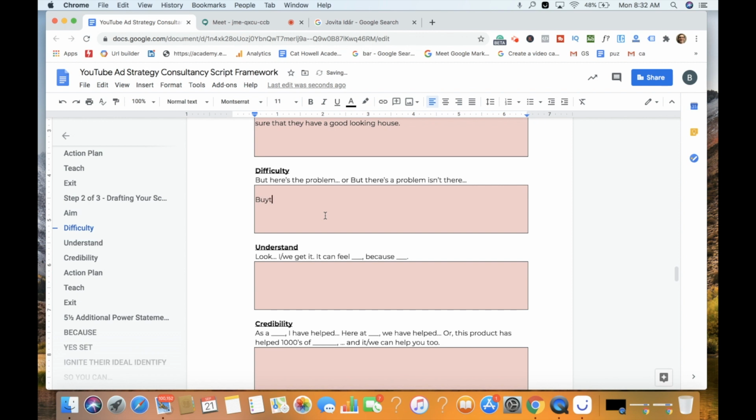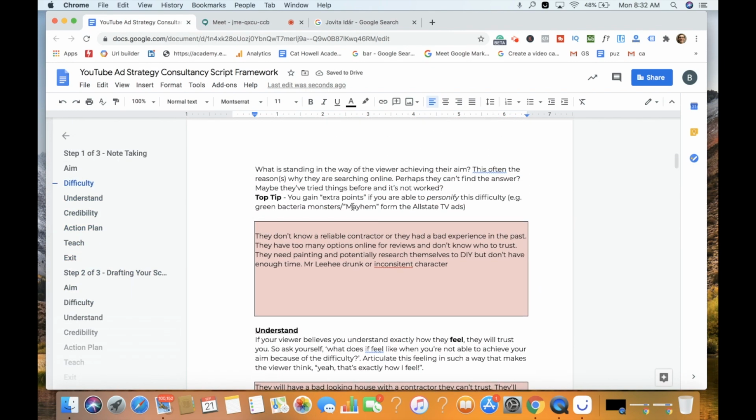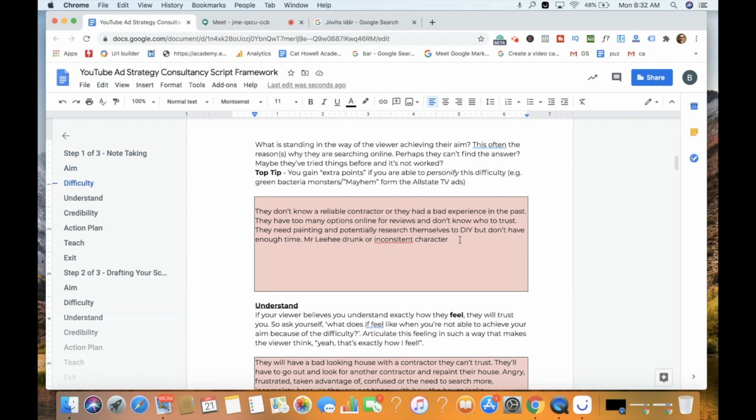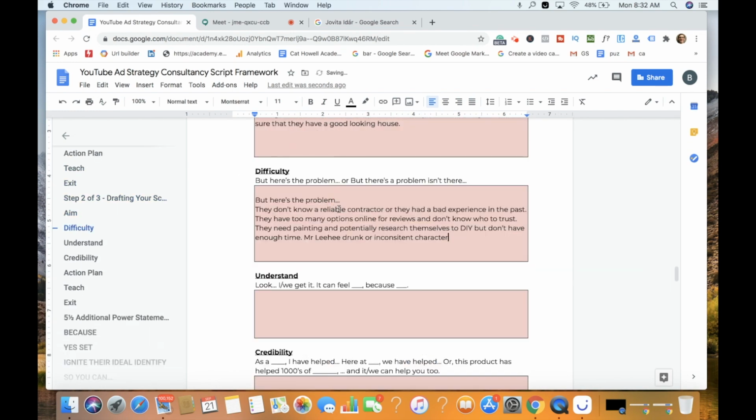And then saying, but here's the problem, right? Then it's going back here to the difficulty and looking at all those problems that you guys just listed, and making sure that those problems relate to this pain point. So, all right, but here's the problem.